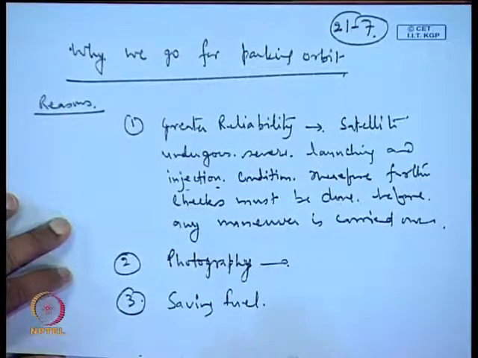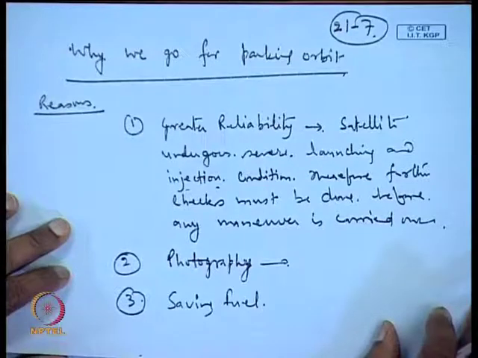Okay, saving fuel. There may be some unnecessary components that you can reject, and whatever is required you can send to the higher orbit. In the case of the Apollo satellites, there were two modules, the command module and the lunar module. The command module was kept in the parking orbit around the earth and the lunar module was sent to the moon.